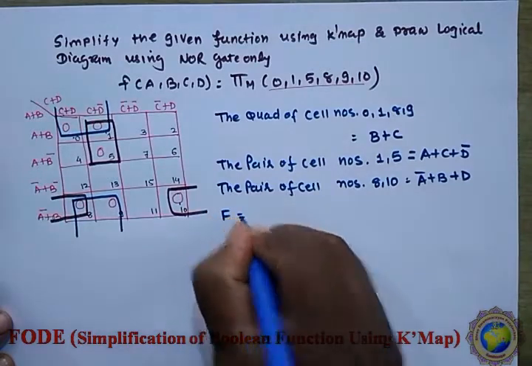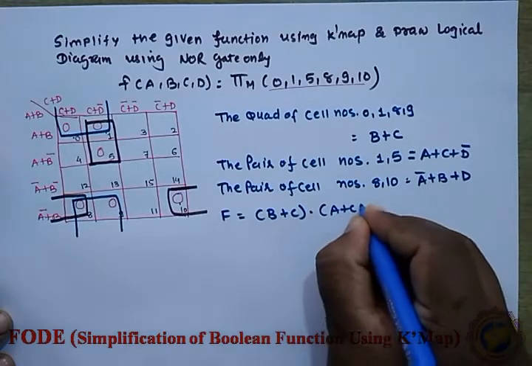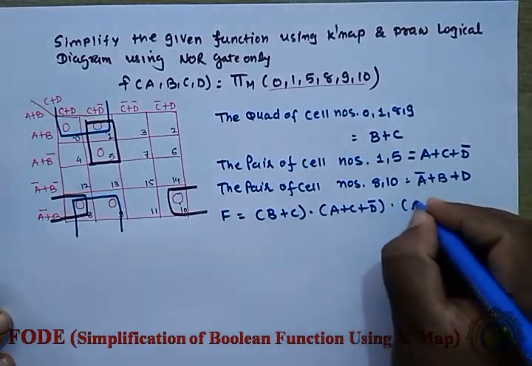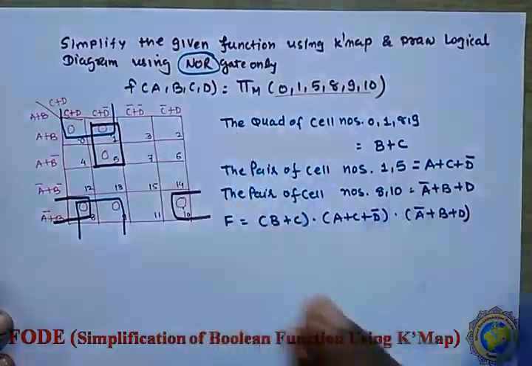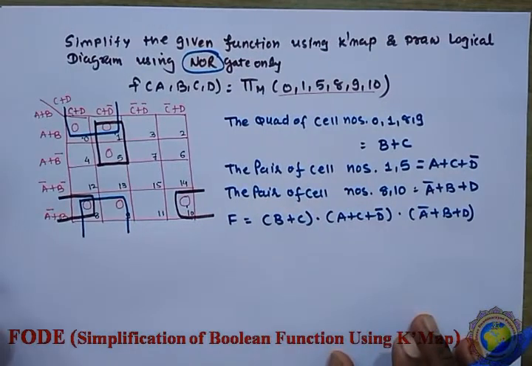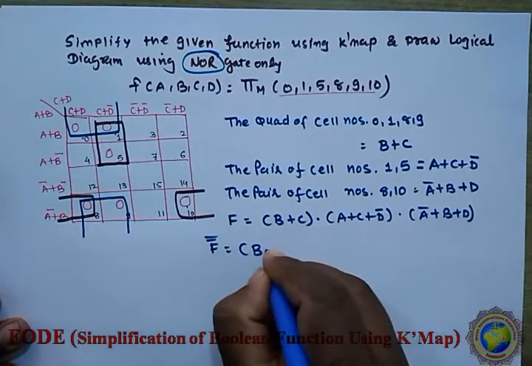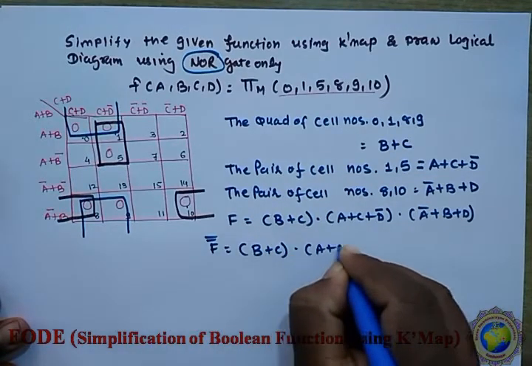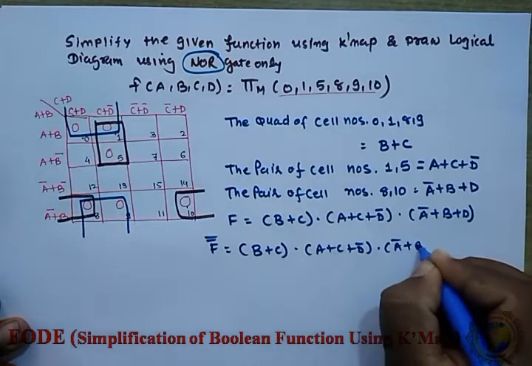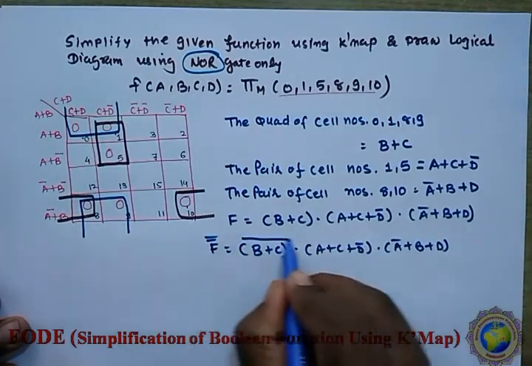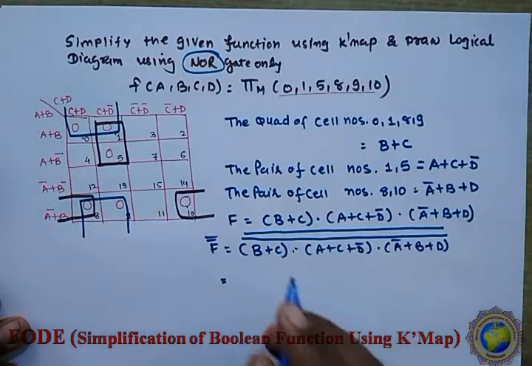So your function f is equal to (B plus C) dot (A plus C plus D bar) dot (A bar plus B plus D). Now here you have been asked to draw the logical diagram using NOR gate only. So you have to draw f double bar is equal to the whole bar of these terms. First, use De Morgan's theorem.